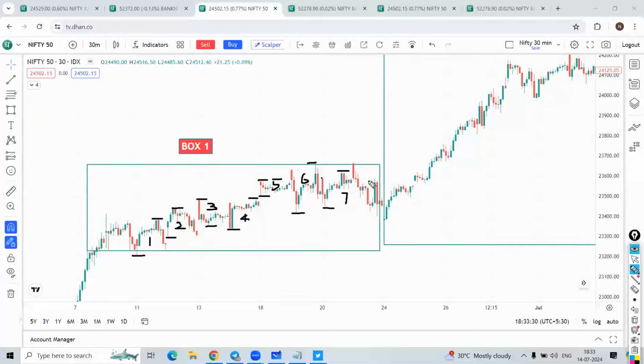In these 7 trading sessions, just notice one thing: whether the high and low is clearly shifting up or clearly shifting down, comparing to the previous session.